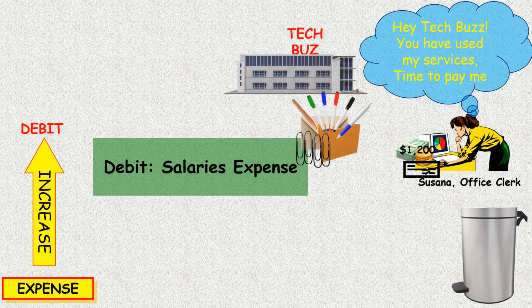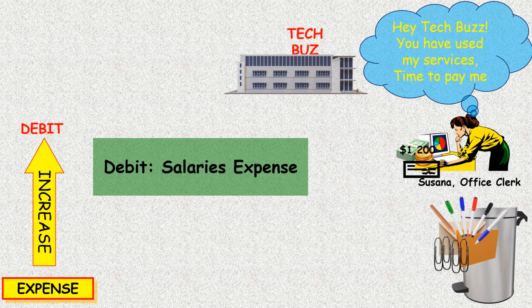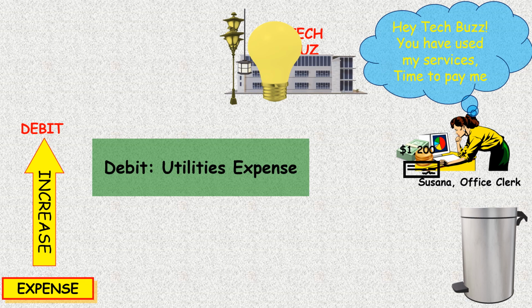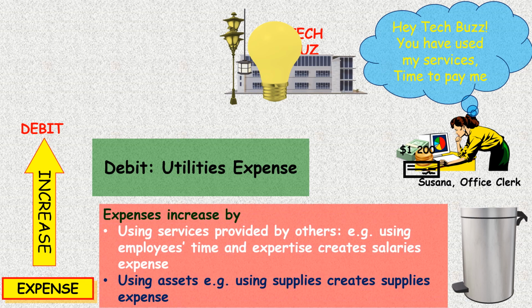Finally, when we have supplies, which is an asset, and when we use supplies, supplies will decrease. Supplies expense will increase, but supplies will decrease. So we are going to debit supplies expense here. Finally, utilities will always be debited as well when they increase.